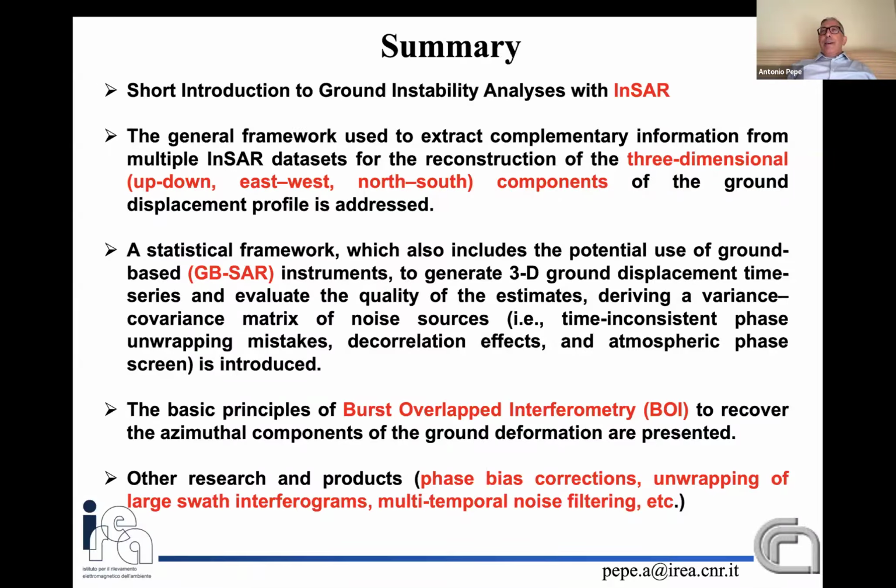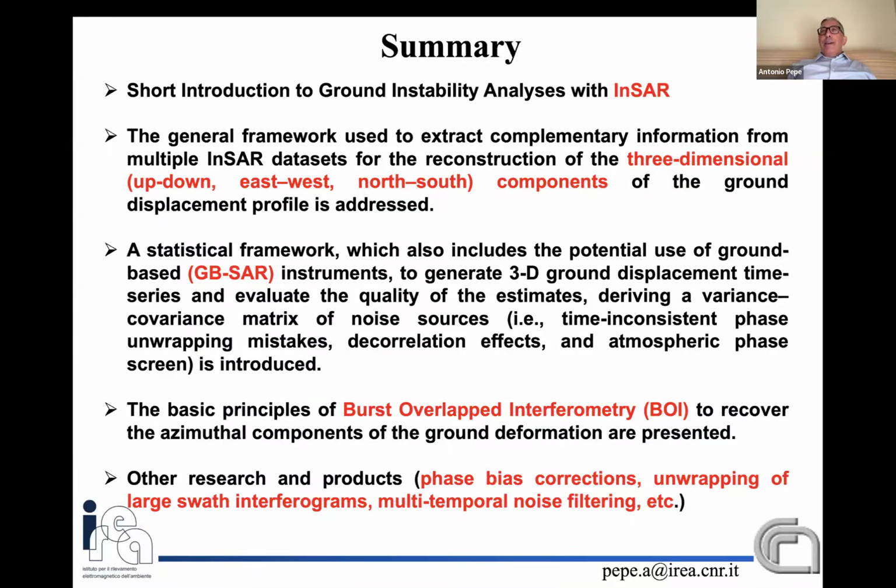Generally, we have a sensor that flies along an orbit. We have two SAR acquisitions at two different times, T sub 1 and T sub 2, and we suppose that from T sub 1 to T sub 2, the Earth surface, or in general, coherent targets on the ground have moved from the position P sub 1 to P sub 2.